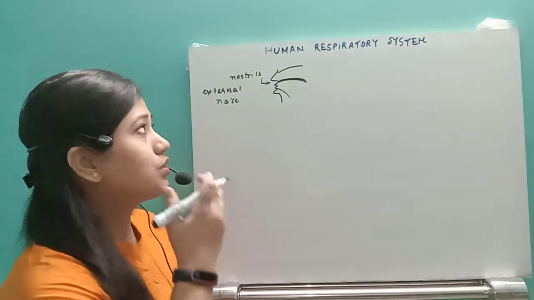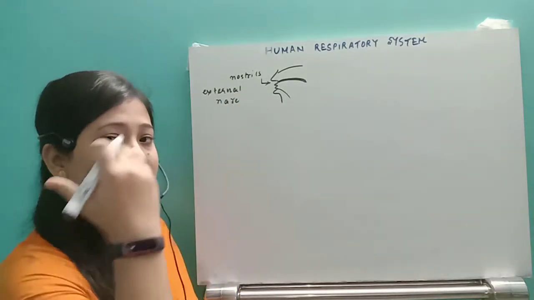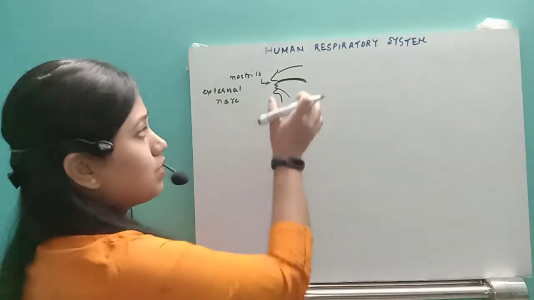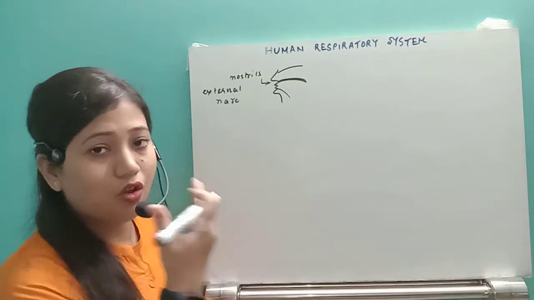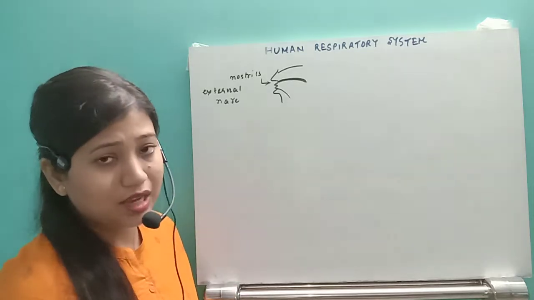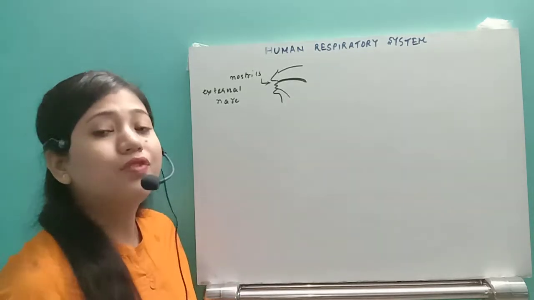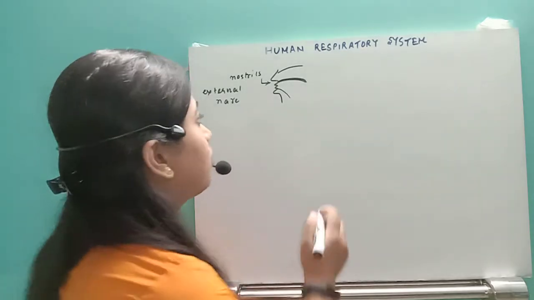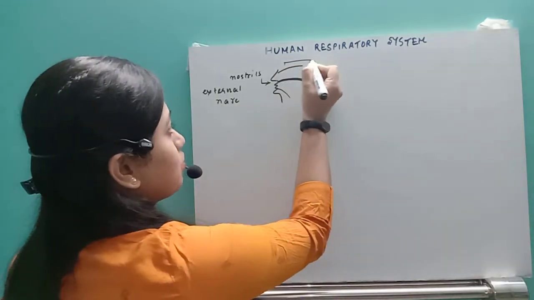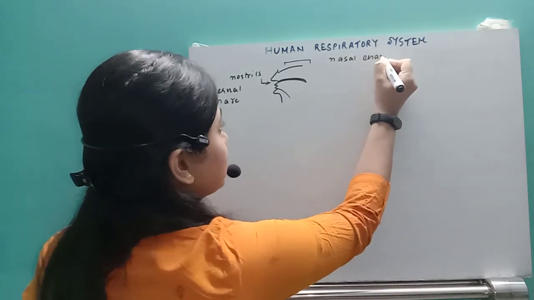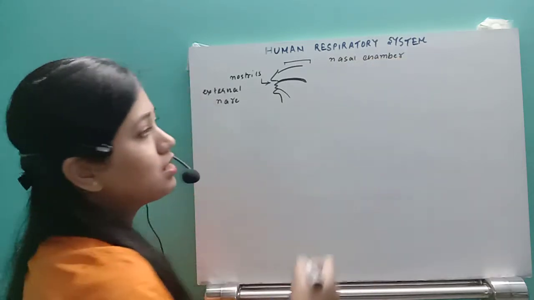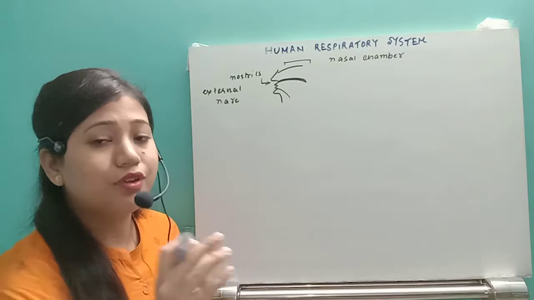After that, just behind that, just above the buccal cavity, we have the nasal chamber. We have one nasal chamber on this side and the next nasal chamber on the other side, which has three parts. This nasal chamber is divided into three different parts.